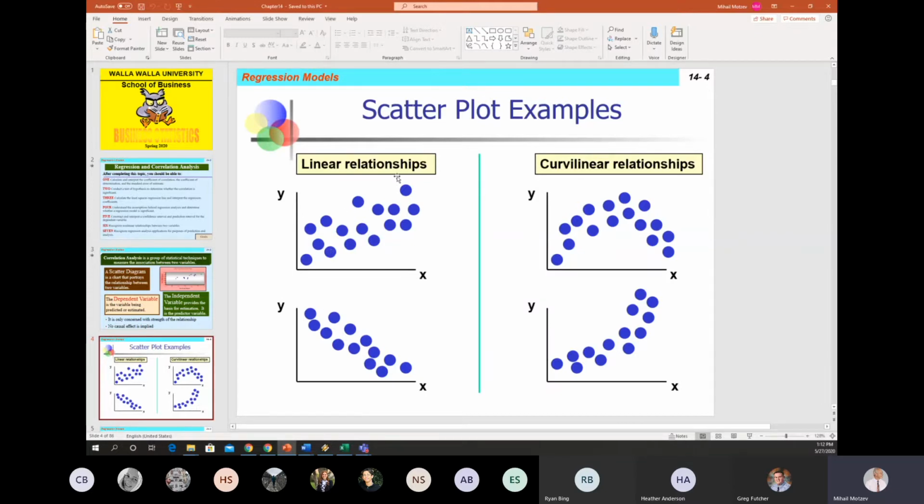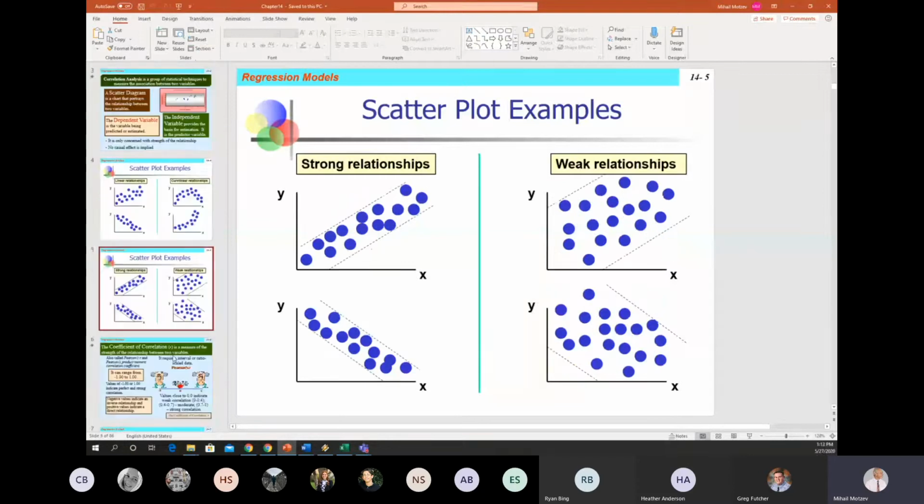This one was a weak positive linear relationship. These two are relatively strong curvilinear relationships, meaning that we can have many different types of relationships.